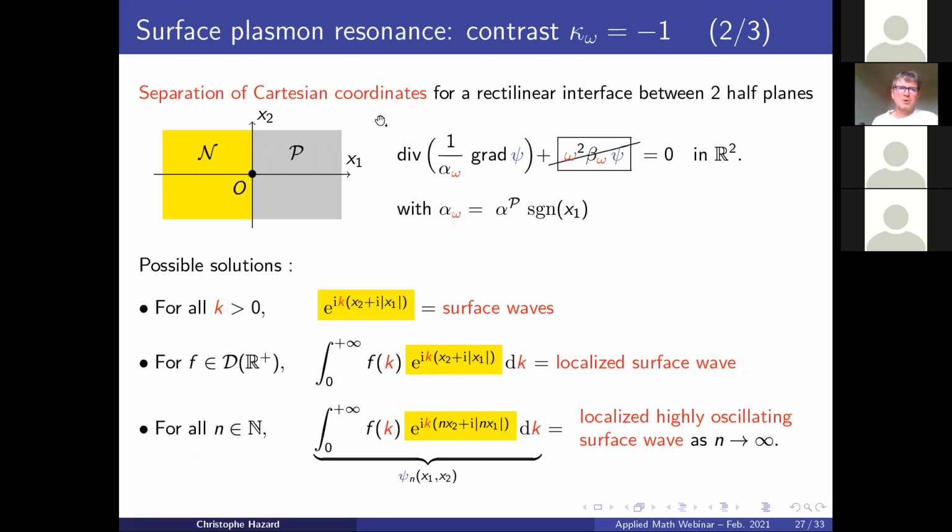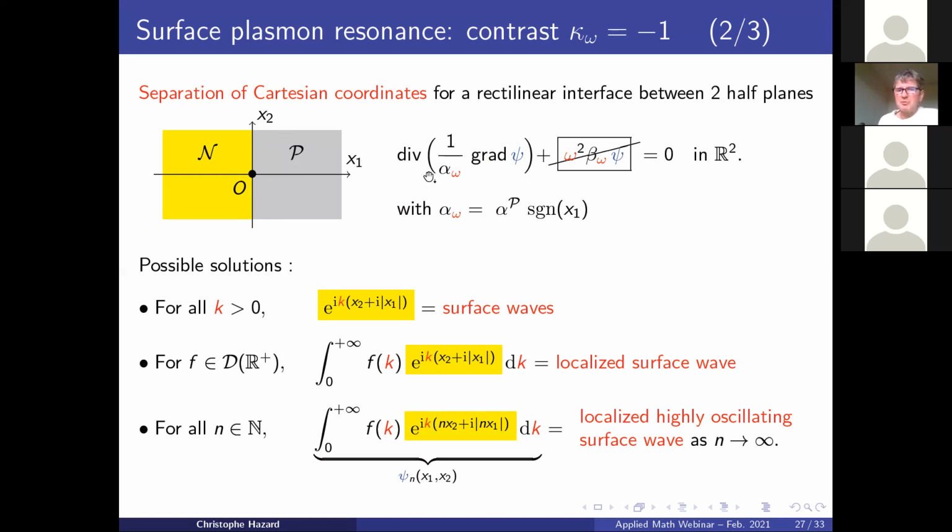That's very simple. We just have to use separation of Cartesian coordinates by considering a rectilinear interface between two half planes. So here I forgot my camembert, and I assume that the negative material fills a half plane corresponding to x1 negative, and I have a positive material corresponding to x1 positive.